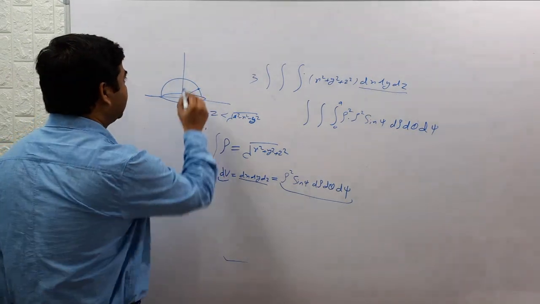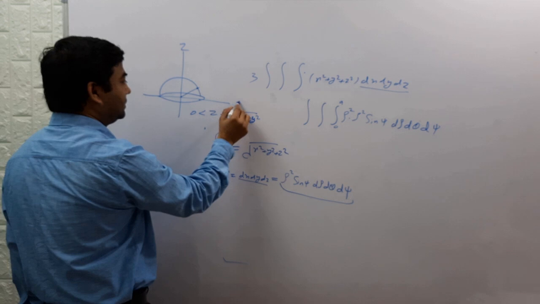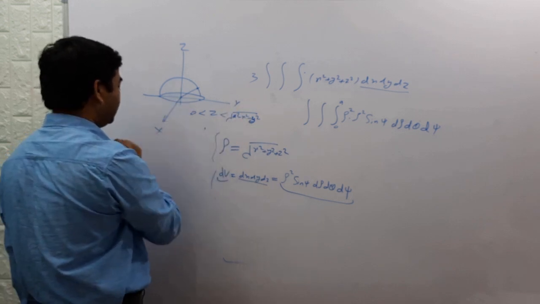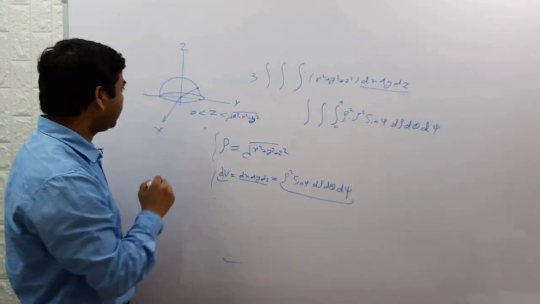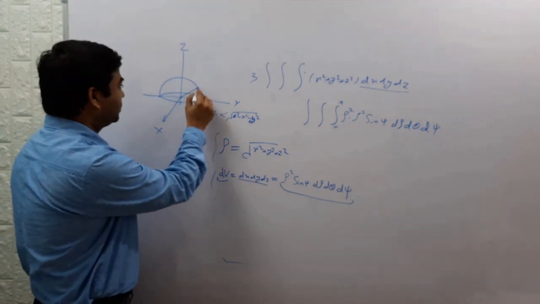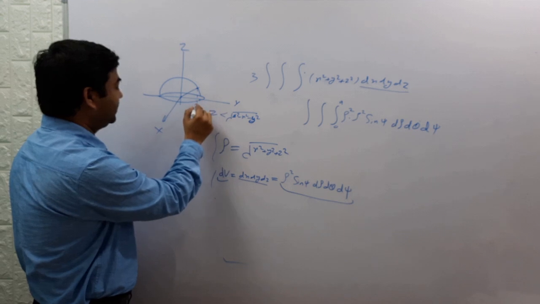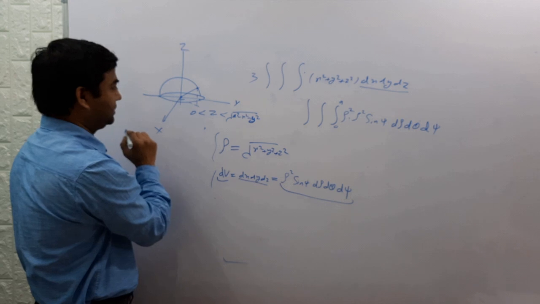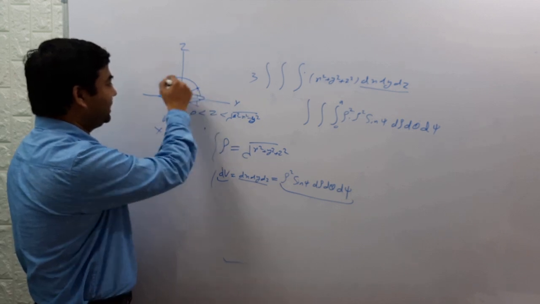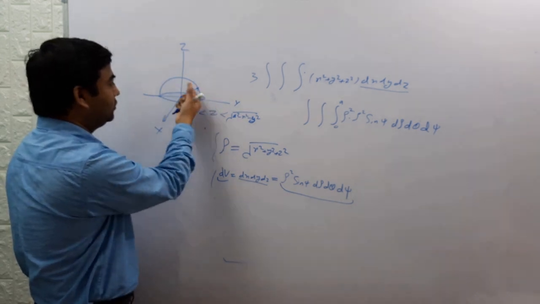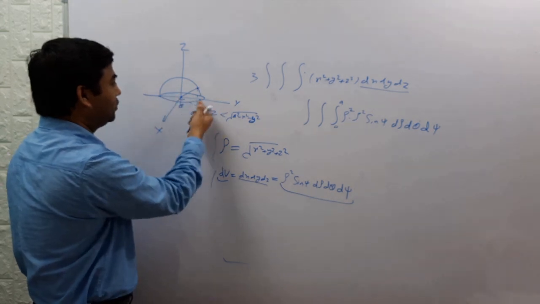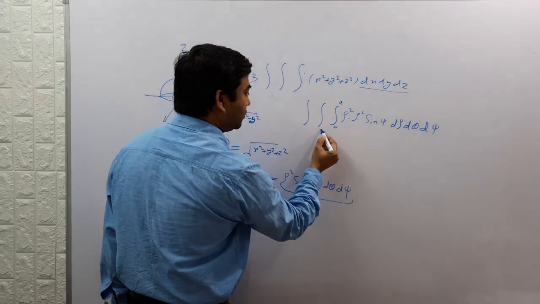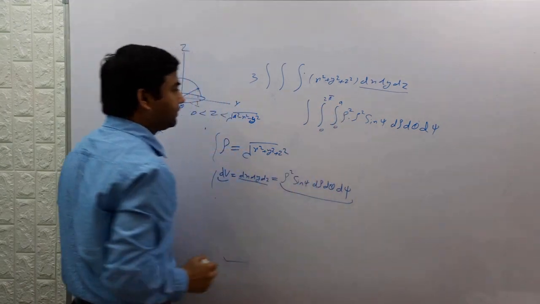And what is R? This is Z. This is Y. And this was X. So what is R? R is the projection of this point on the xy plane, making angle theta from the x-axis. When this small volume sweeps the area, theta will change from 0 to 2 pi.